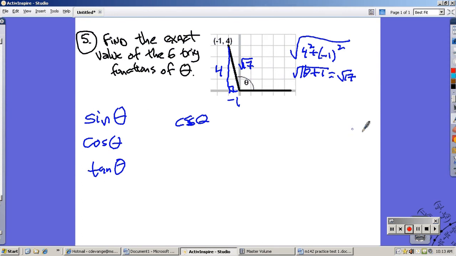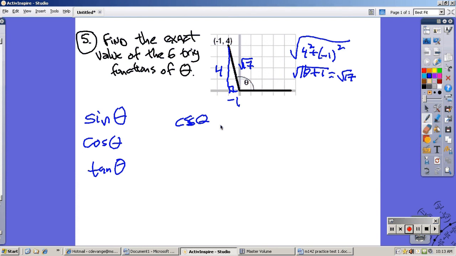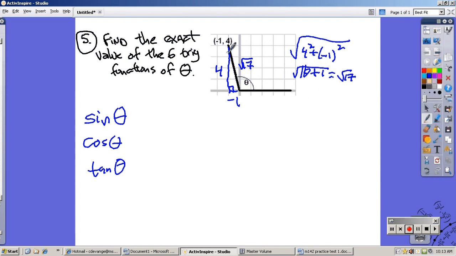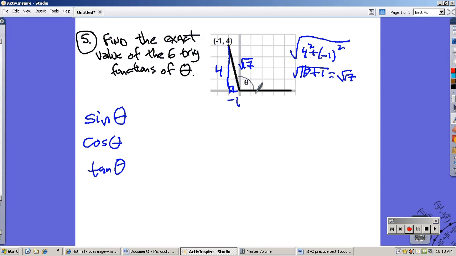So sine of theta, I know that sine is y over r. My y value here is 4. My radius is square root of 17. And I can rationalize that denominator. Multiply by that.